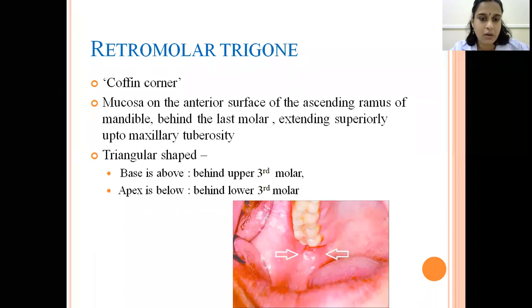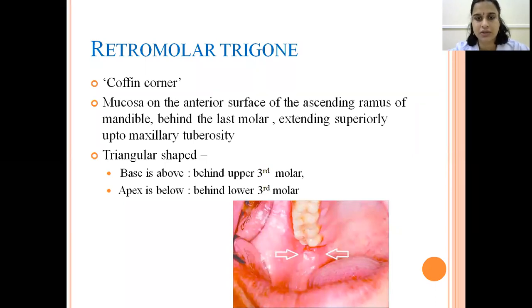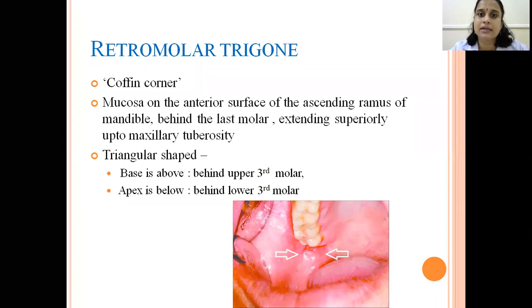Also, with any pathology in this region, you will have referred otalgia, or referred pain to the ear. That is because of the involvement of the sensory branches of the ninth cranial nerve. This is why this is called coffin corner, and it is difficult to diagnose pathology of this region.